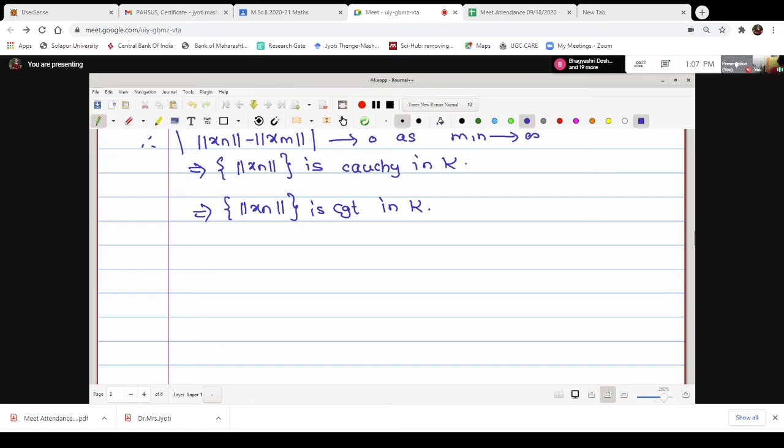That is obvious now, because it will be Cauchy in K, and K is complete, therefore it should be convergent. In the last example, we have proved that if xn is Cauchy, norm xn is convergent. Now we'll go to the next point.